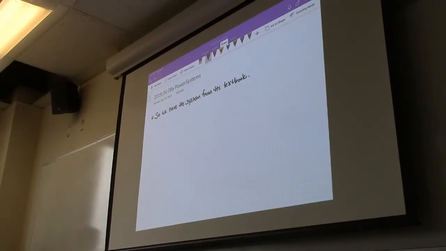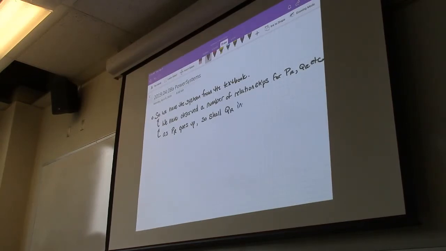We have the system from the textbook, chapter 10, and we have observed a number of relationships for P, R, Q, R, E, T, C, etc. We've noticed that as PR goes up, so shall QR injected, meaning that it's flowing backward into the system.